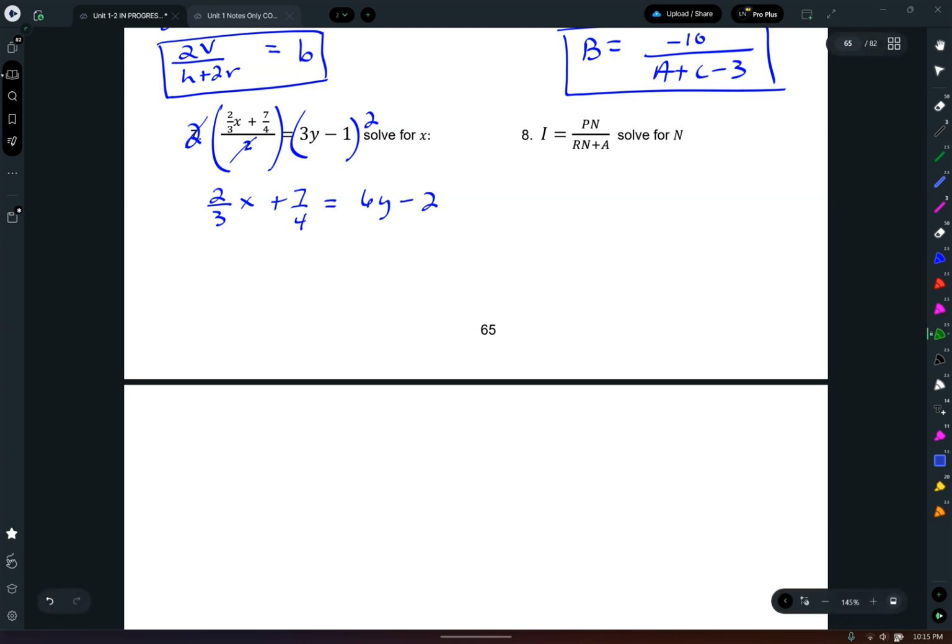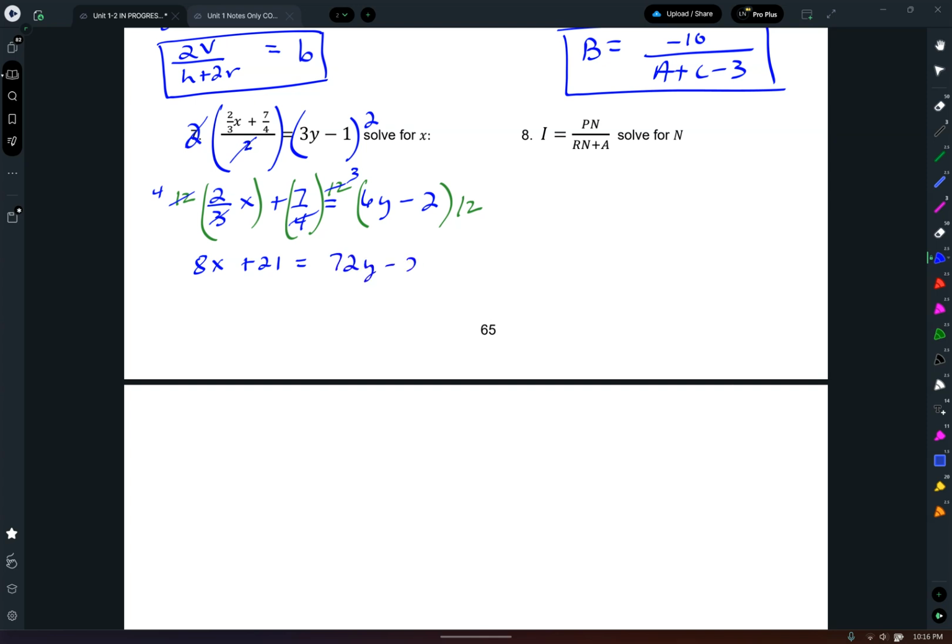All right, so it's going to be this times 12, this times 12, every single term by 12. So when I do that, over here, I'm going to have 8x. Over here, I'm going to have 21. And over here, I'm going to have 72y minus 24.